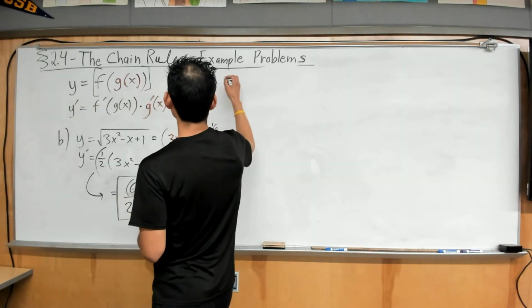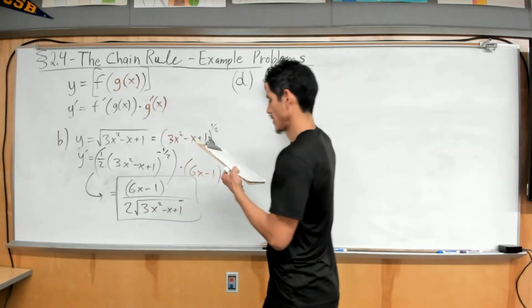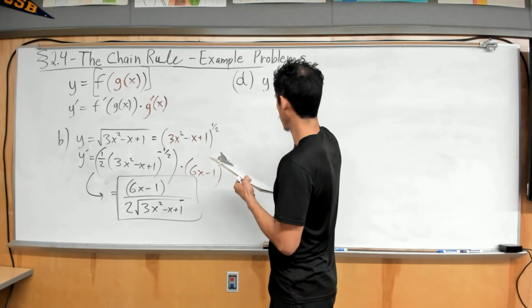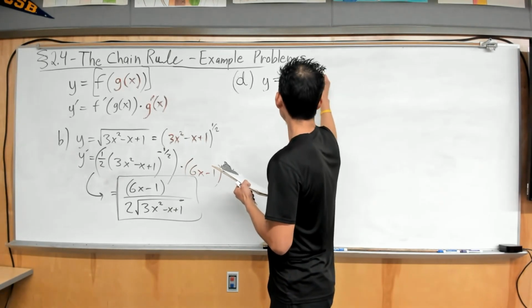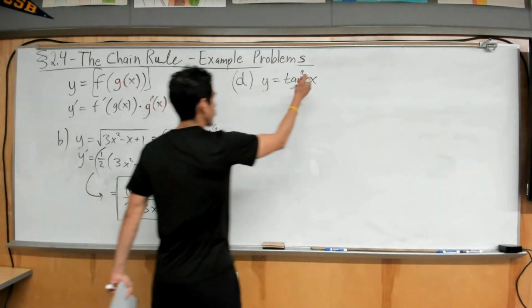It looks like I skipped C on my notes, so we're going to go to D. D, we've got y is the tangent squared of x. Now you see it's written like this usually in textbooks.